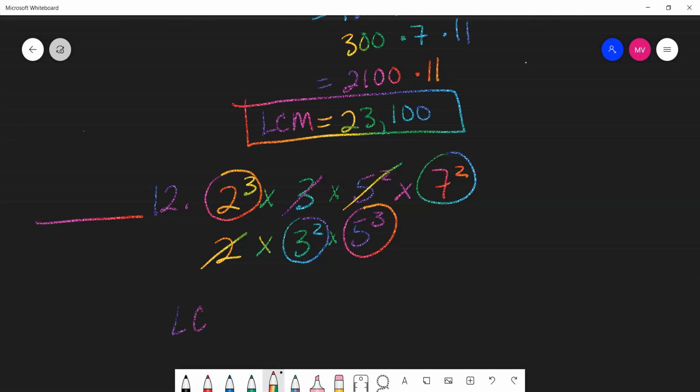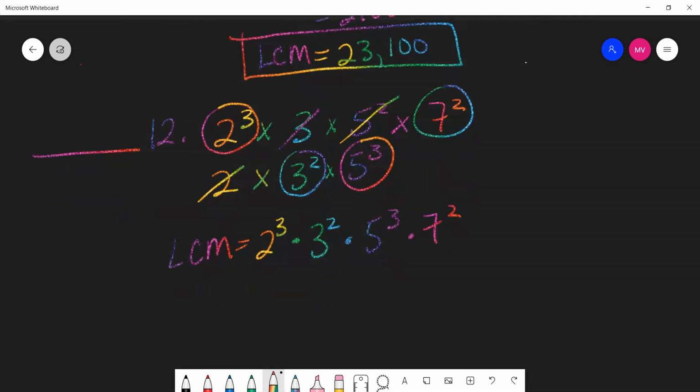So our least common multiple is 2 cubed times 3 squared times 5 cubed times 7 squared. All right, so that's 8 times 9 times 125 times 49. Hello, calculator. 8 times 9 times 125 times 49 equals 441,000.